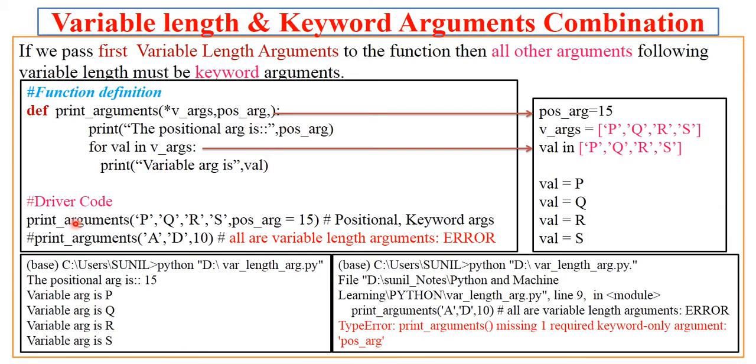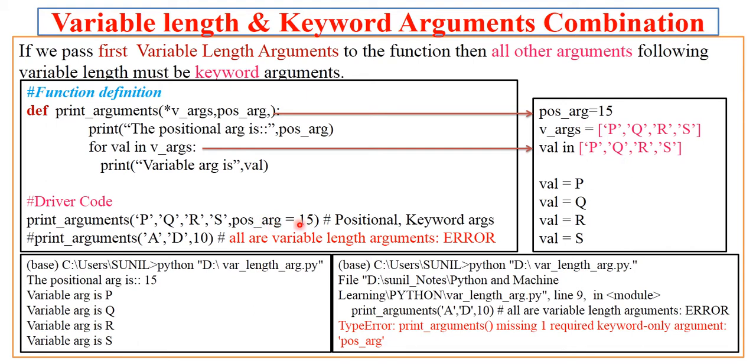Now let us see the first call to the function: print_arguments. I have passed first a list of arguments, and then a keyword argument as the last argument. If you want your first part to be considered as the variable argument list, and the last part as the non-variable length argument, you have to specify that positional argument as a keyword argument.